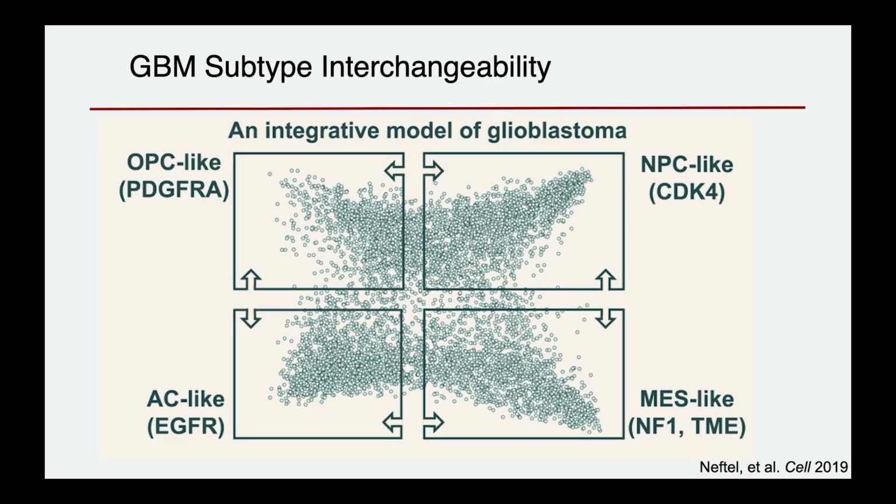More recent work by Mario Suva's group has shown that there's not only these individual states and subtypes that exist, but also that they may be a bit fluid and may not be entirely stable, suggesting that not only are there these sources of heterogeneity, but also there's a little bit of slipperiness where the tumor won't just stay in this one defined state. So as a postdoc, I was very interested in understanding whether any of the cell types that are undergoing these shifts have any correspondence to cell types that we would expect to see in the developing human brain.